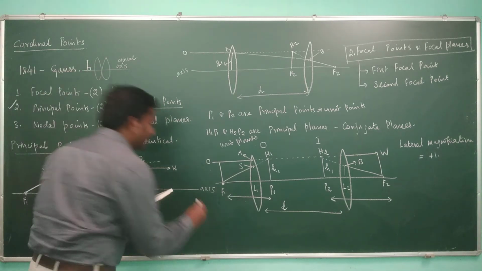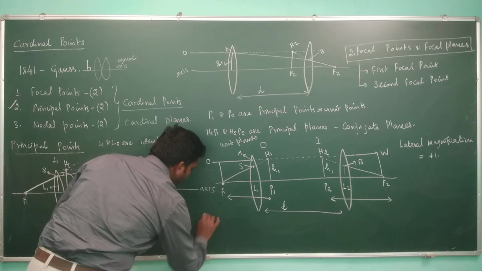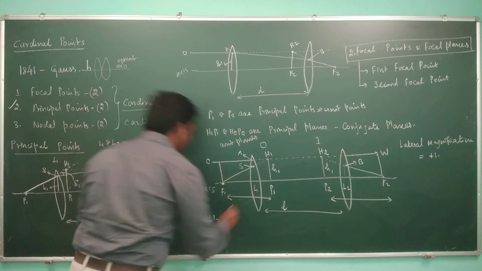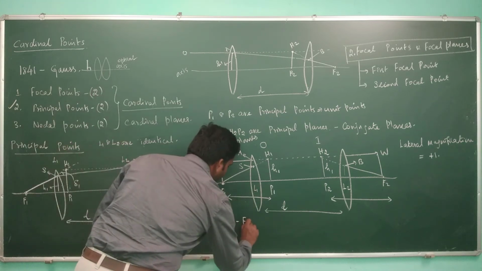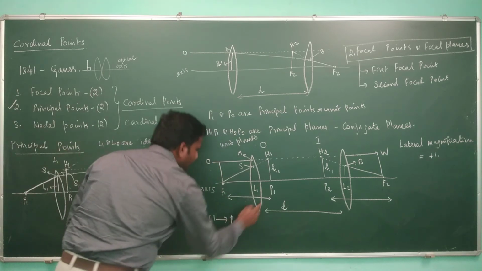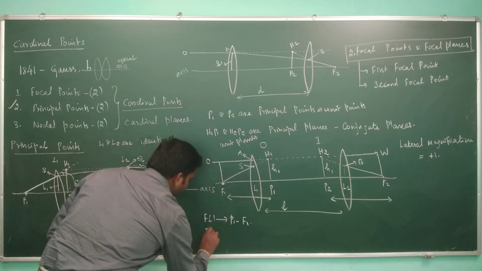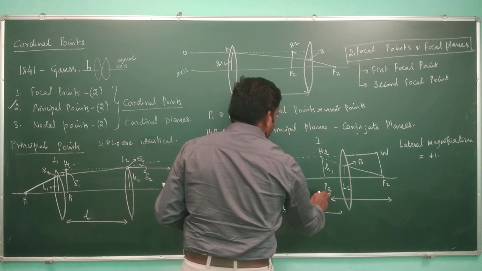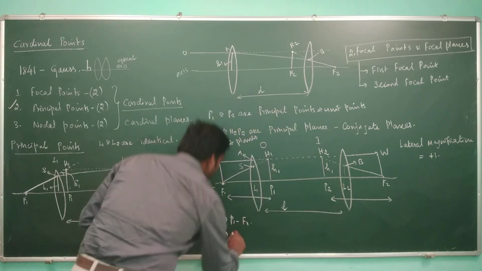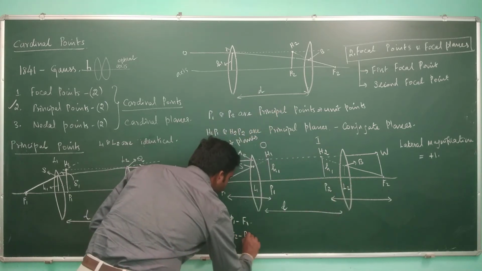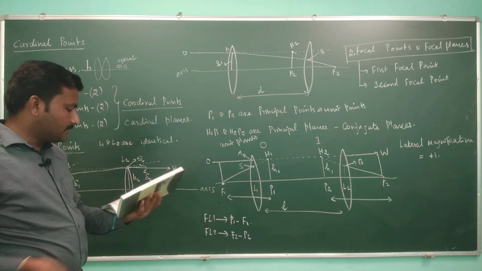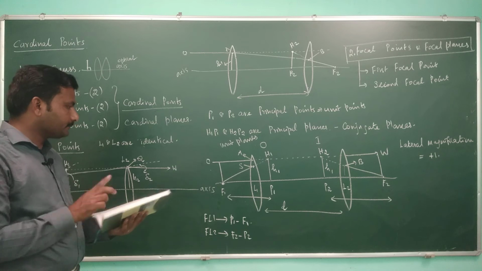So you can write focal length 1, which is nothing but P1 minus F1. Then focal length 2 could be defined as F2 minus P2. Higher value minus lower value if you are putting it in a Cartesian coordinate system.